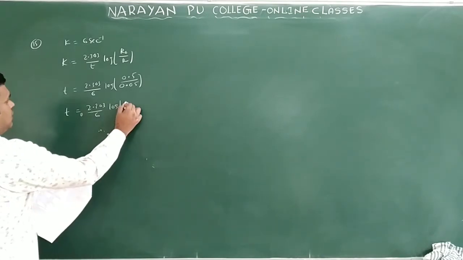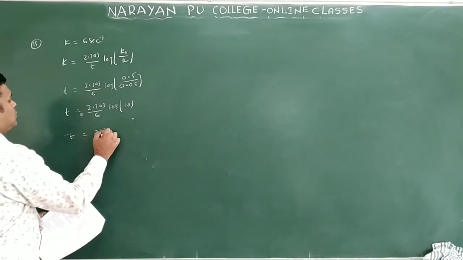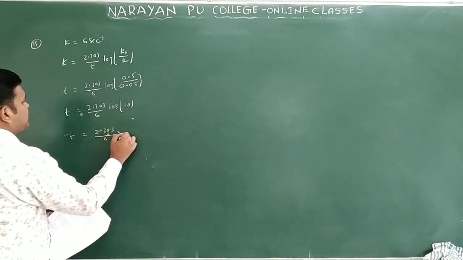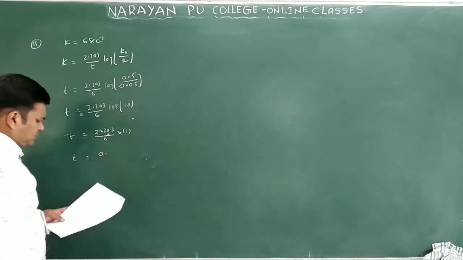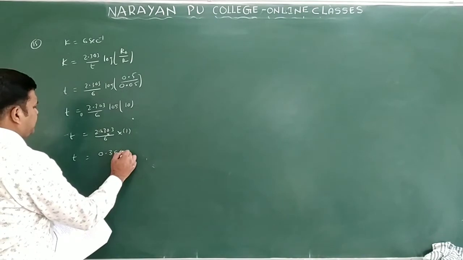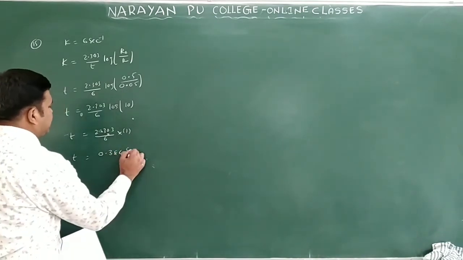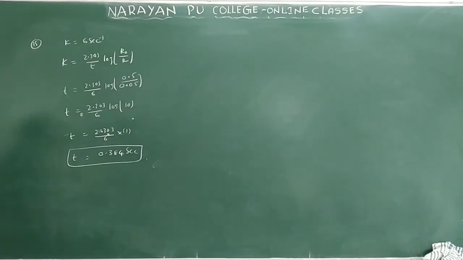You will get log 10. Log 10 value you know is 1. So T is 2.303 by 6 into 1. So you will get here 0.384 seconds. So this is question number 15.